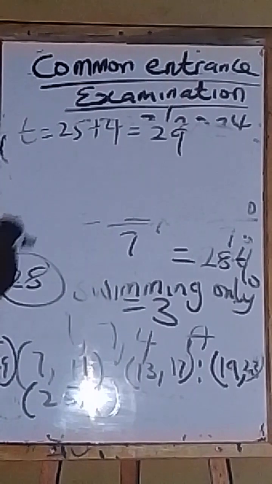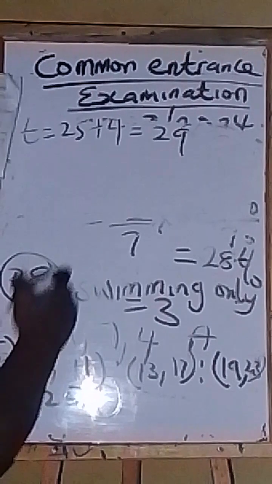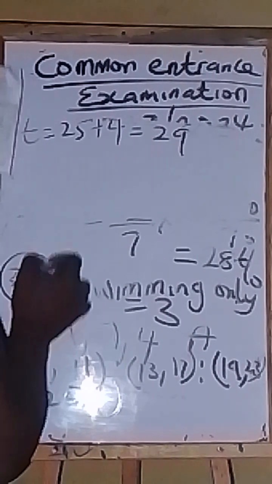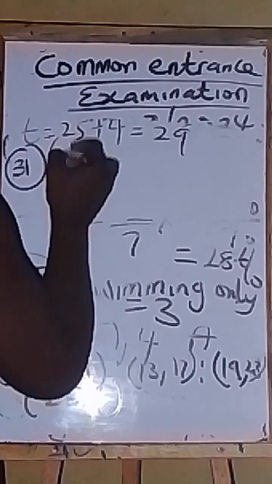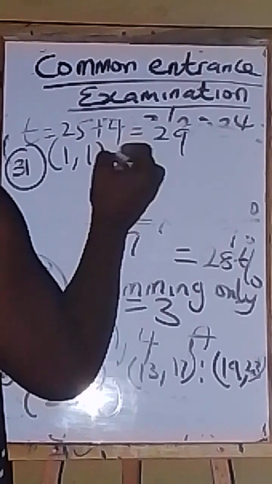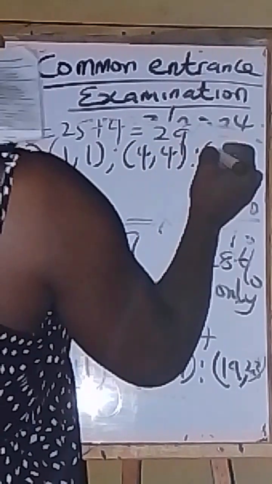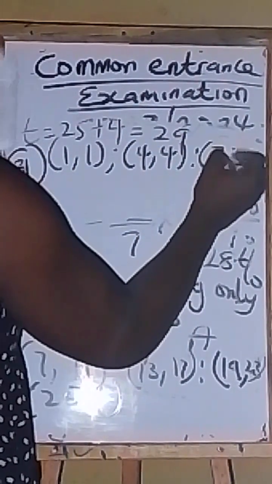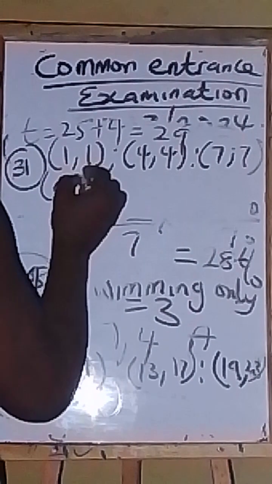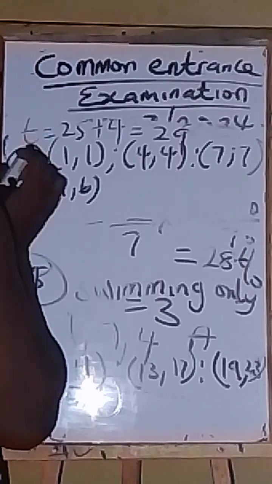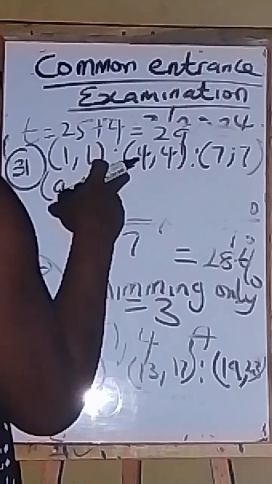This is question 30, sorry. Then we have question 31. We have 1, 4, 7, A, B. So if you have to find the difference, the difference between 1 and 4 is 3.